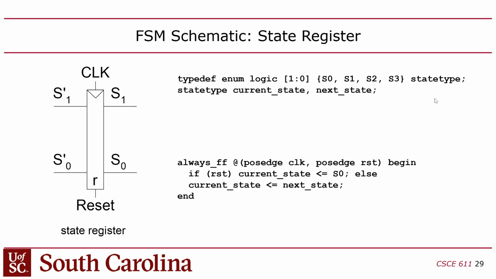Now, in this case, we're telling the compiler that the enumerated type is 2 bits, but we don't tell it what 2-bit values to assign to each one of those. The compiler does that for you, right? So I'm just going to have a type called state type, and then I'm going to declare current state and next state to be that state type, right? Now again, I could have done the same thing for the light color.